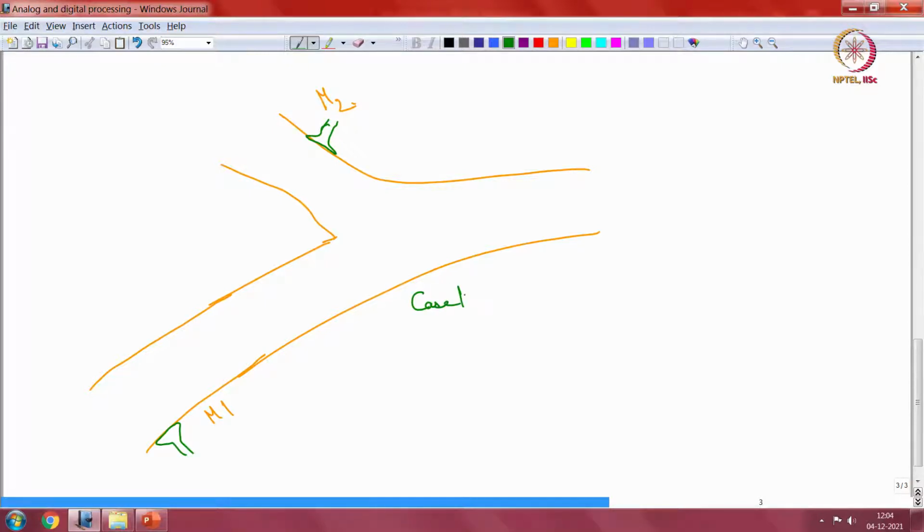Case 1: M1 arrives, it should be T of M1 less than T of M2. So, the graph is like this. We had decided plus 60 and minus 90. This is plus 60, minus 90, minus 70. So, we start with minus 70, this is 0, this is minus 100.